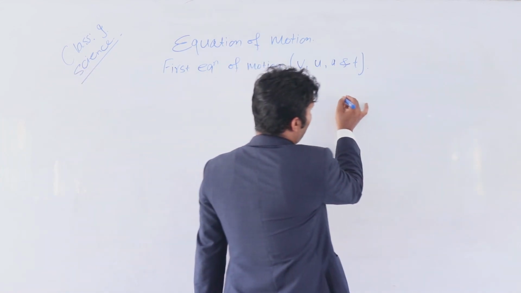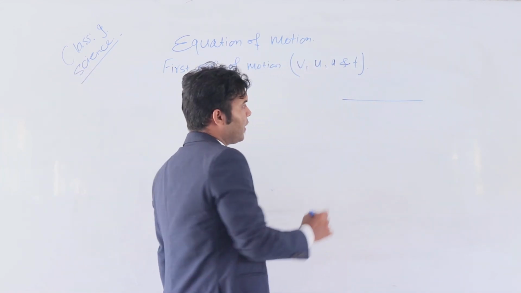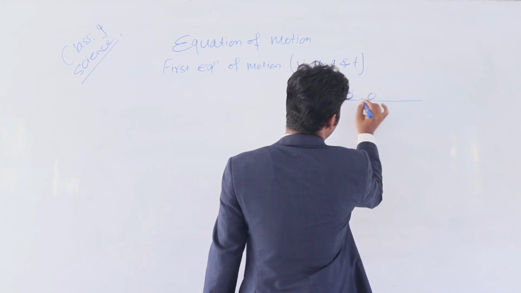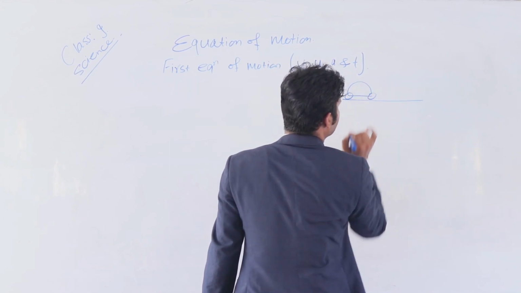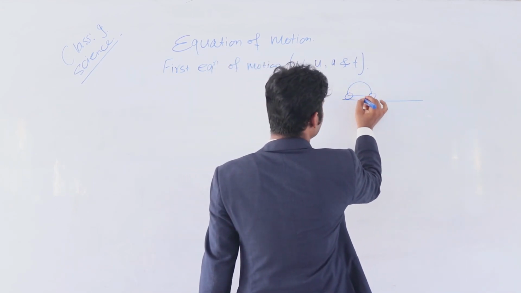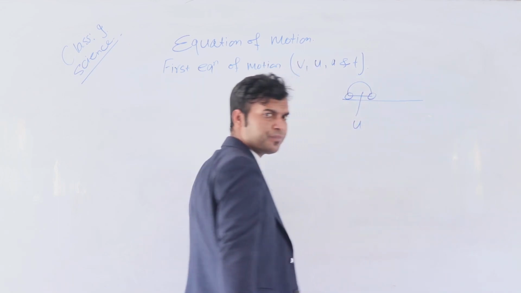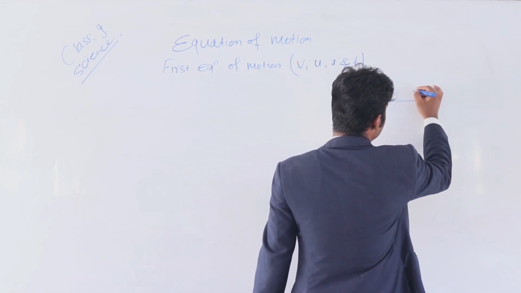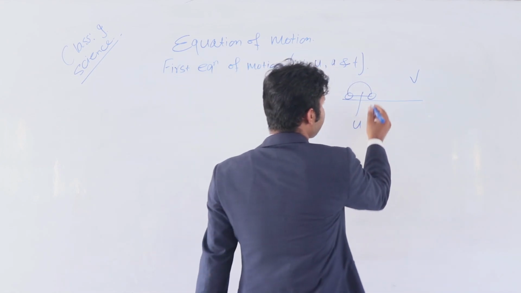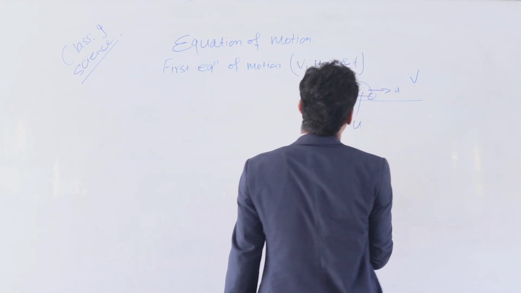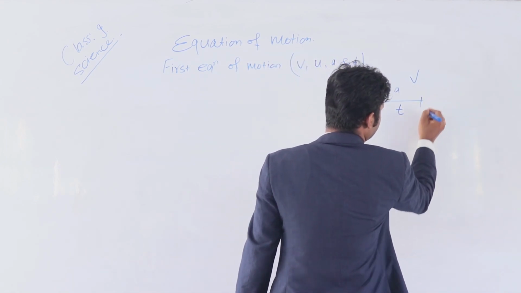Let us consider a vehicle. It starts to move in a straight path. In that case, its initial velocity is U, its final velocity is V, its acceleration is A, and time taken is T. Isn't it?